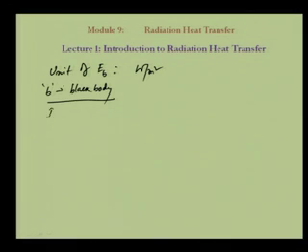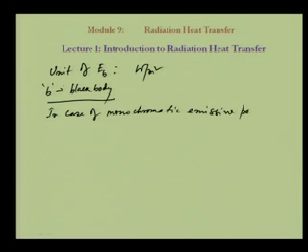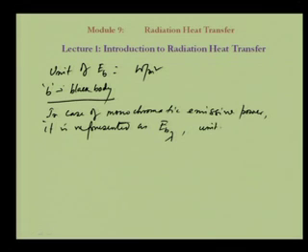And in case of monochromatic emissive power, it is represented as say EB lambda for a wavelength lambda, especially for the wavelength lambda, and its unit is watt per meter square per micrometer.